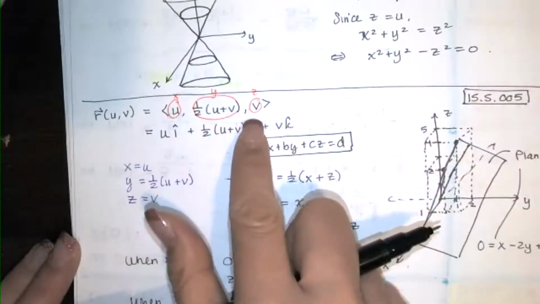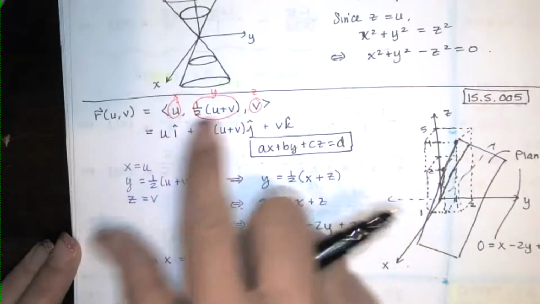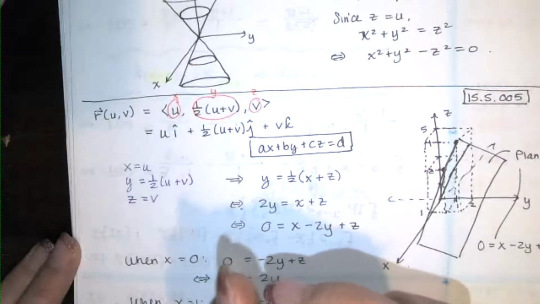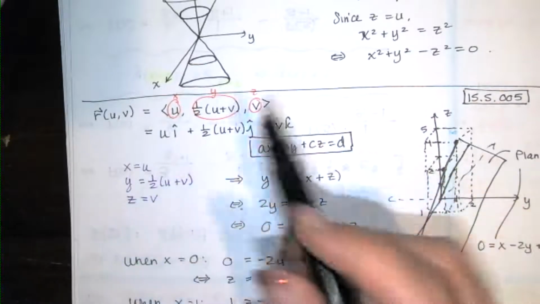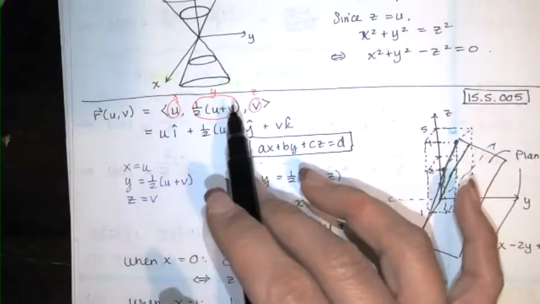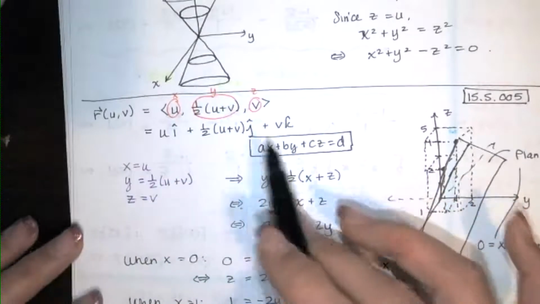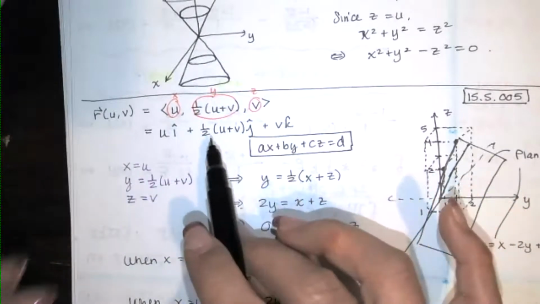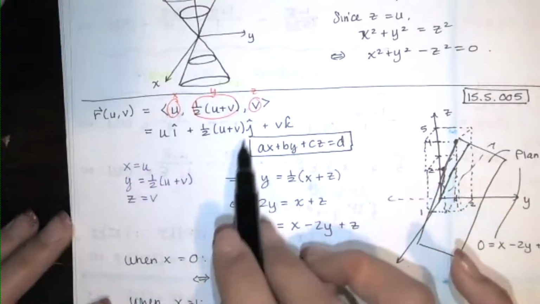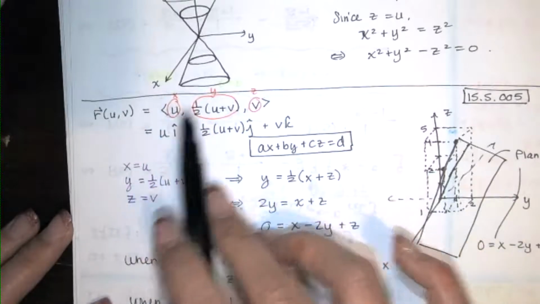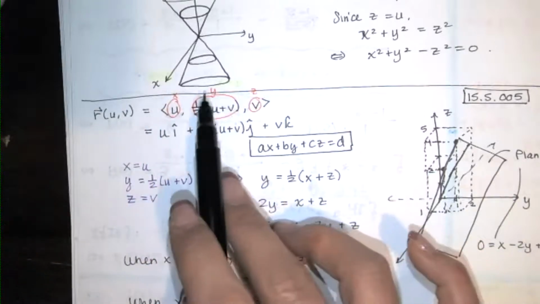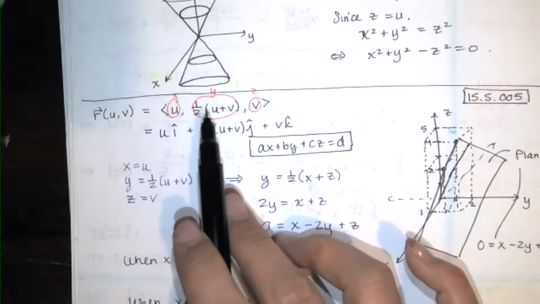So I see that and I'm thinking there's got to be a way I can put the u and v together, or make substitutions, so that we put our x, y, and z together and it will look something like this. I don't actually know, just from looking at this, what the form of this equation will be, but I can see that if x equals u and z equals v and y is equal to just some constant times u plus a constant times v, this should work out just fine.